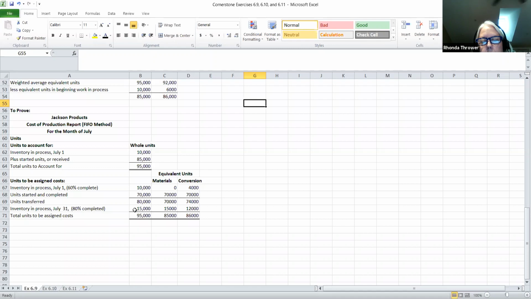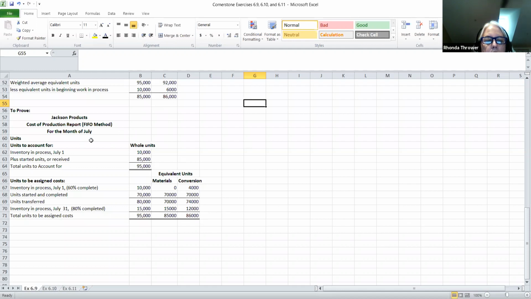So we had to multiply 15,000 times 80%, and that will give you 12,000. So when you combine the two of these together, your total equivalent units for your materials is equal to what we got up here. The equivalent units for conversion is equal to what we got up here.